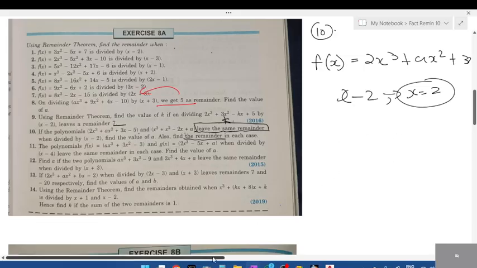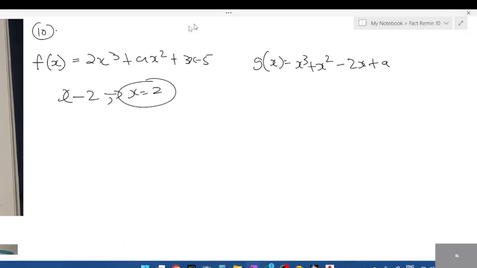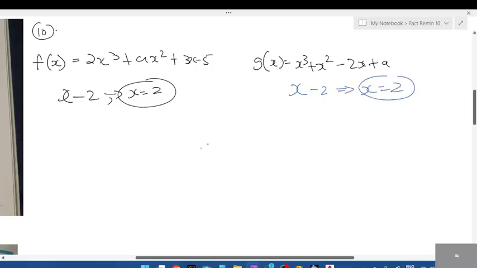Okay, so first solve this question. For both questions, use the same divisor. Be quick, complete it. F of 2, g of 2. Solving this part is very easy. The next part is tough. Not tough, it's a tricky one. Complete this, I'll teach you.